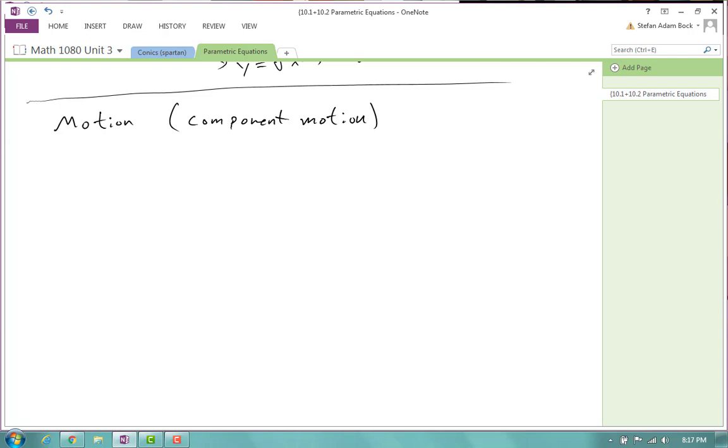Another situation you might consider is motion in space. The parametric equations are capable of tracking the x and y coordinates separately of an object in motion. So two examples I can think of off the top of my head. One, you have a cannonball. These are very easy to describe in terms of horizontal and vertical vectors, which is the same thing as dealing with x coordinate and y coordinate parametric equations.